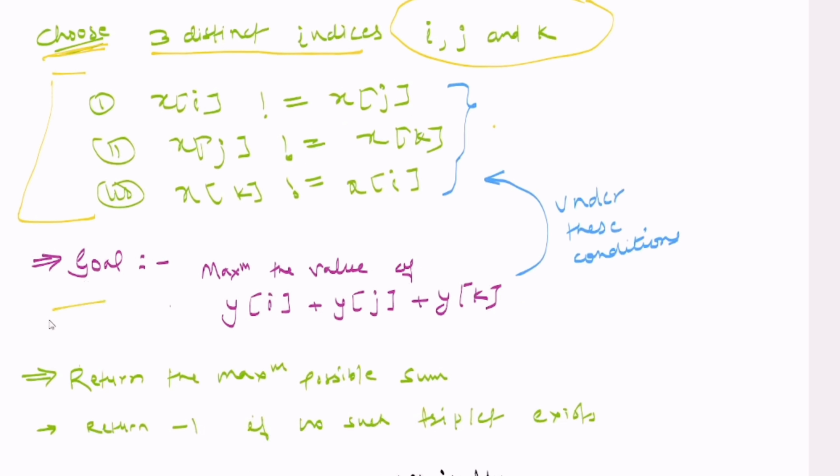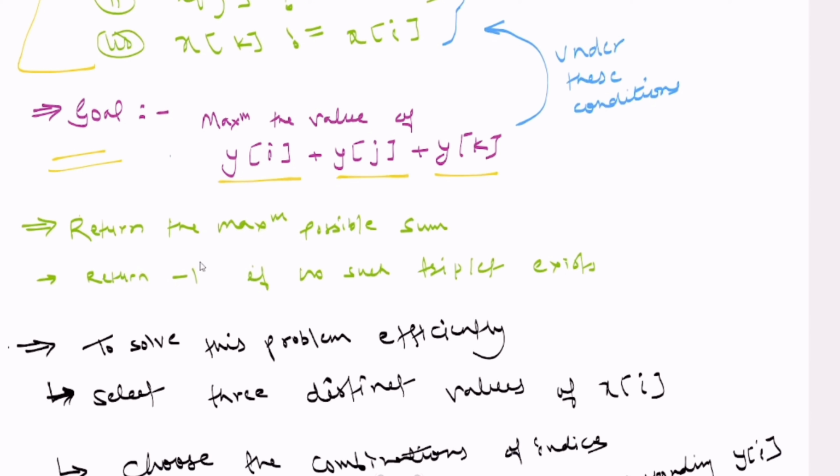So what is our goal? Our goal is to maximize the sum of y at i plus y at j plus y at k, using the conditions we have talked about. We use these three distinct indices, and then we return the maximum possible sum.